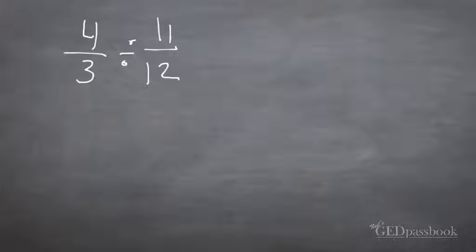So when dividing fractions, what we want to do is look at the second fraction, and what we do is we flip it. So this becomes the new problem of 4 over 3 times 12 over 11.